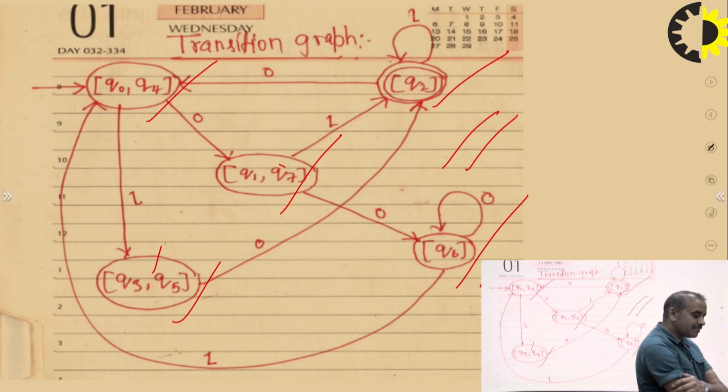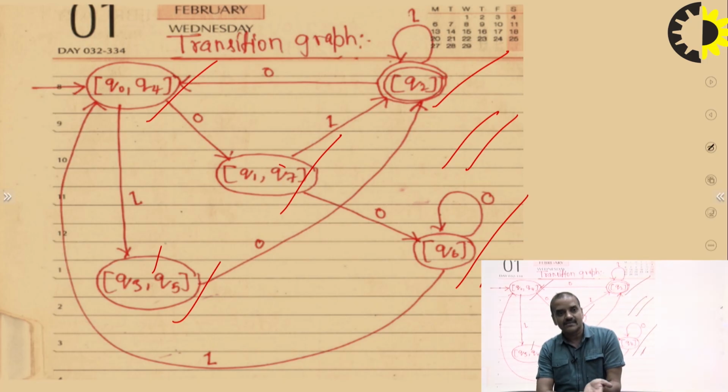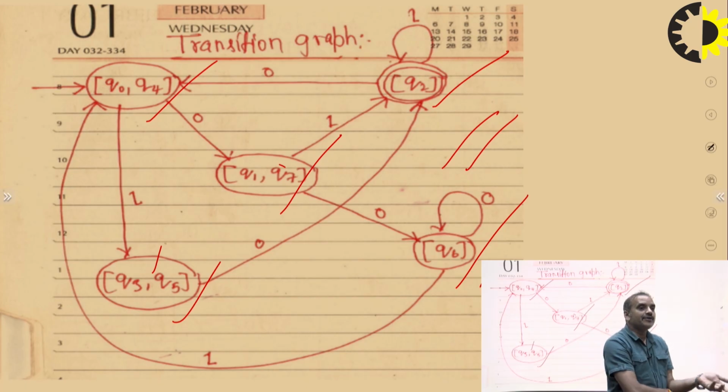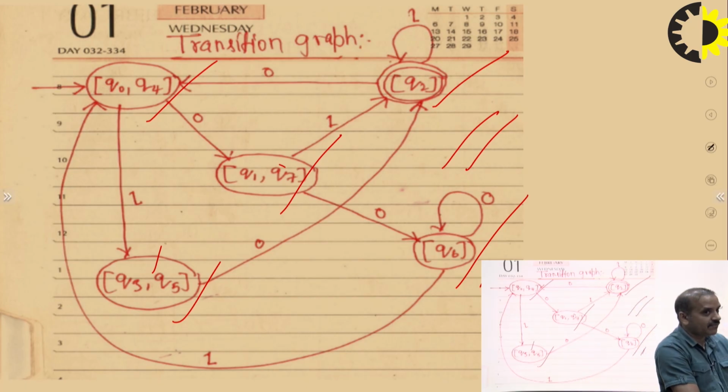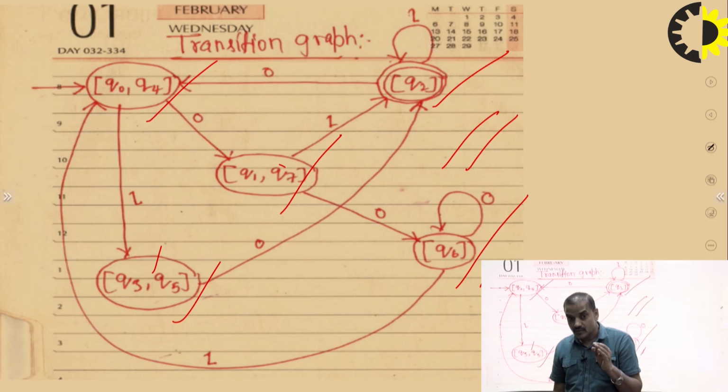In the equivalence method, the question may be given in the form of a table, or it may be given in the form of a graph. In both cases, equivalence as well as the Myhill-Nerode theorem, the question is given in the form of a diagram or in the form of a table. Firstly, we have to convert the diagram to a table.